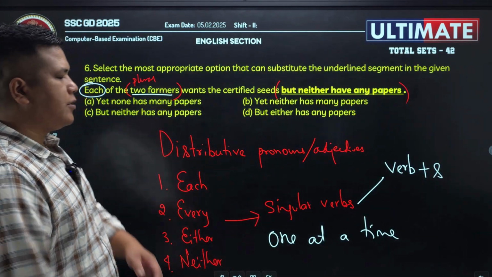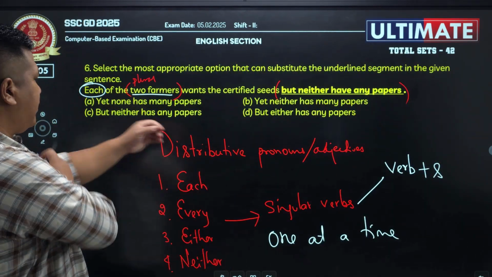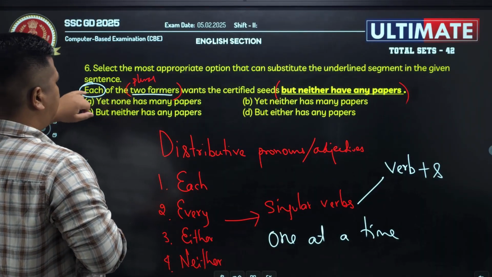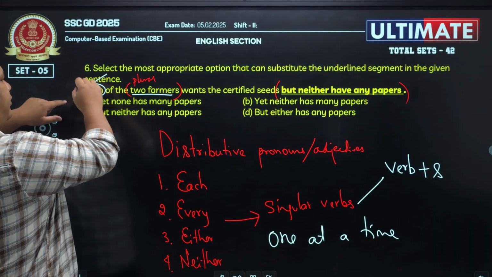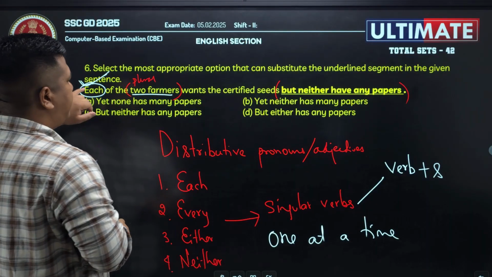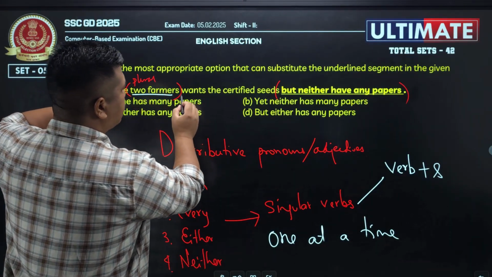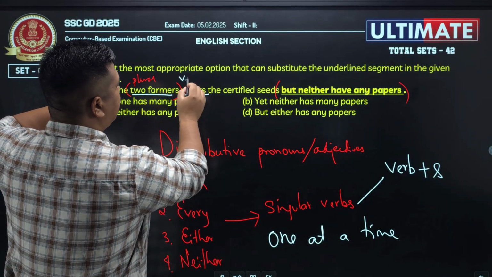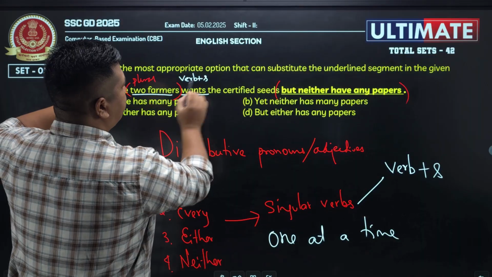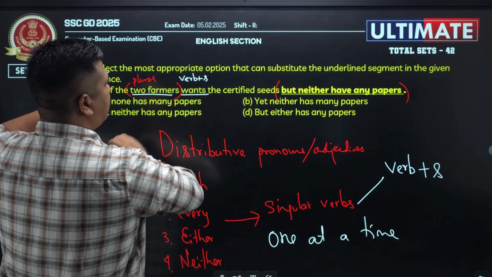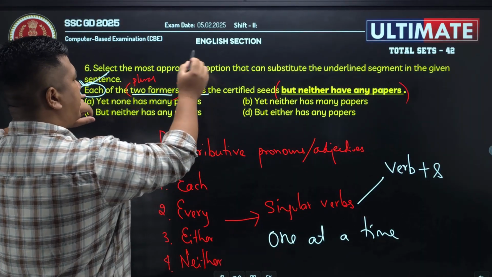So let's see here. Each is singular. So each of the two farmers wants, this singular verb is want plus s. So this part is correct.